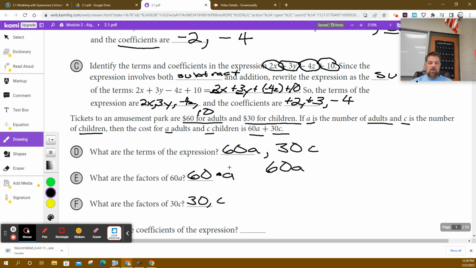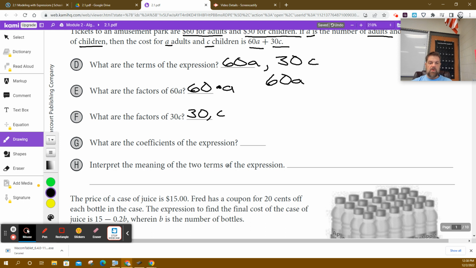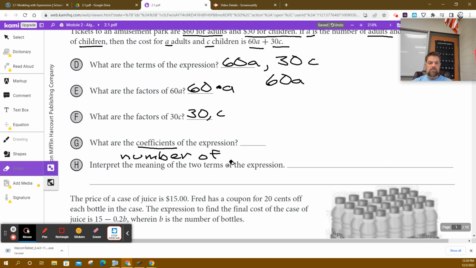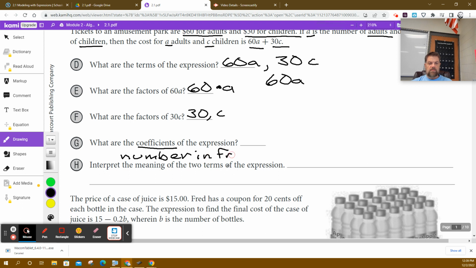Okay. What are the coefficients of the expression? What does coefficient mean? Coefficient means the number in front of the variable.